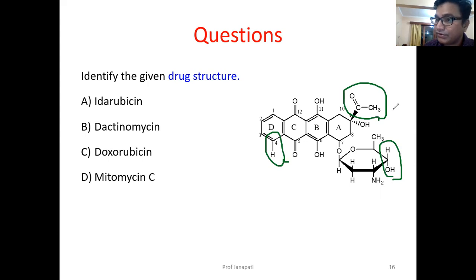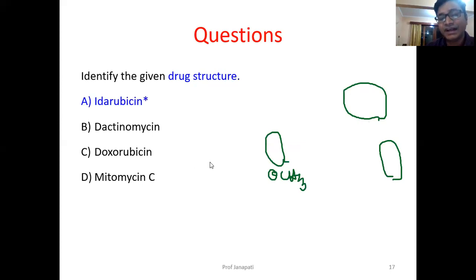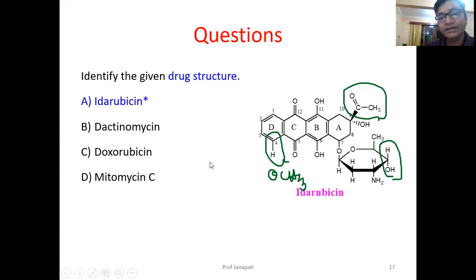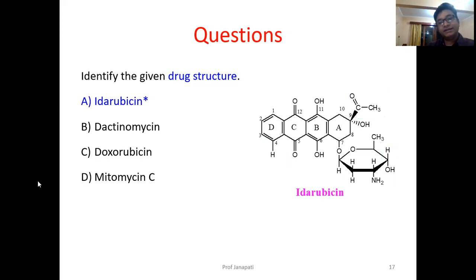It may be daunorubicin. If it were daunorubicin, it would have a methoxy group here. There is no methoxy group. That's why the answer is idarubicin. Idarubicin is the answer for the given structure.